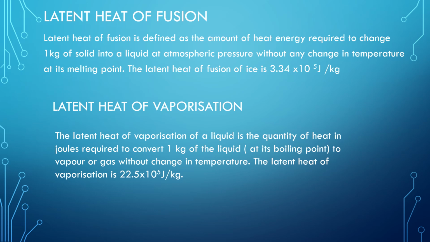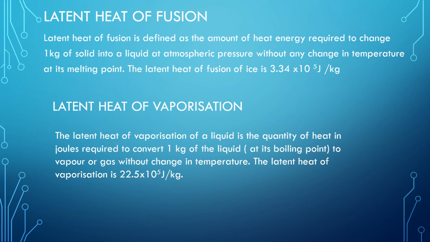Okay, now latent heat of vaporization, which is the hidden heat of evaporation, the heat required to break the bonds of a liquid so it changes into gas. It is defined as the amount of heat energy required to change 1 kg of a liquid into vapor at its boiling point, and there will be no change in its temperature.